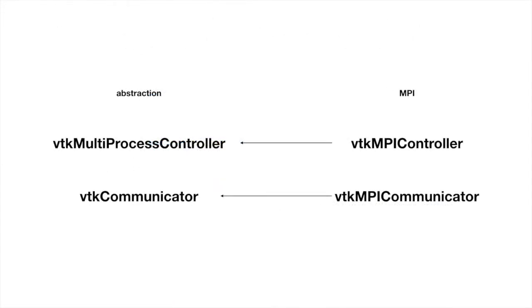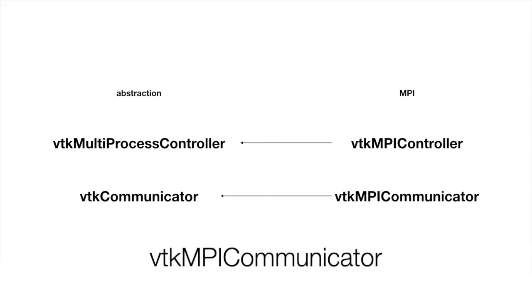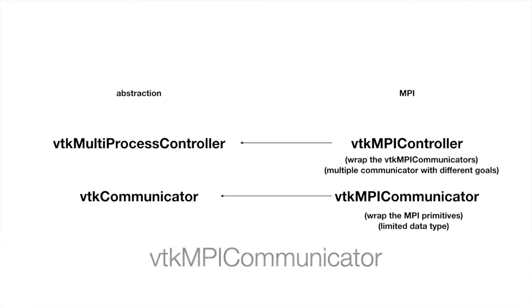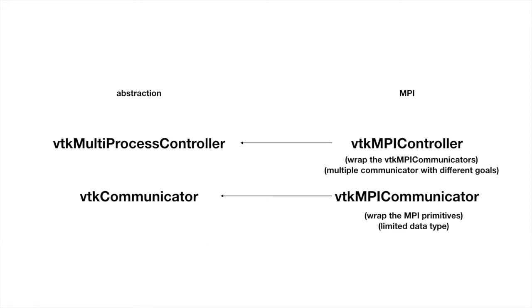It uses several classes to achieve this capability. The basic one is the vtkMPICommunicator. This class wraps the necessary MPI interfaces used by the VTK library, and the input parameters are basically same with the raw MPI primitives. The second class is called the vtkMPIController.